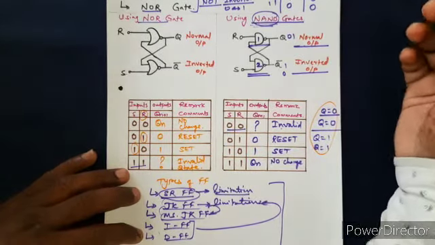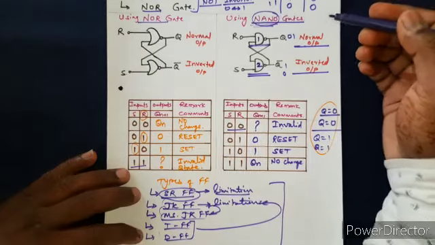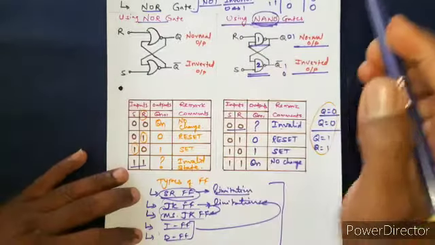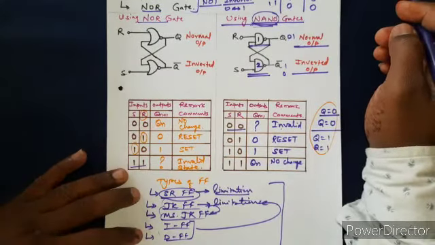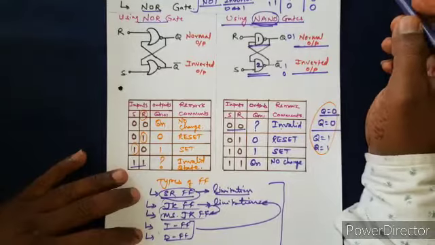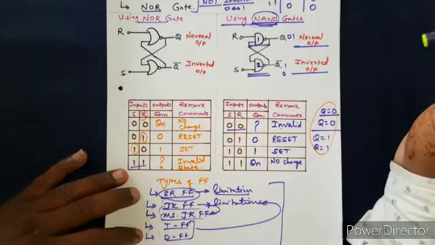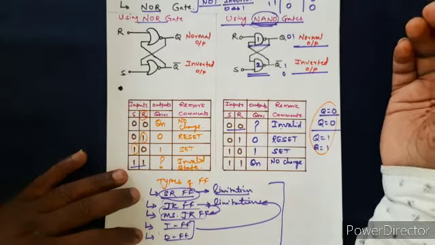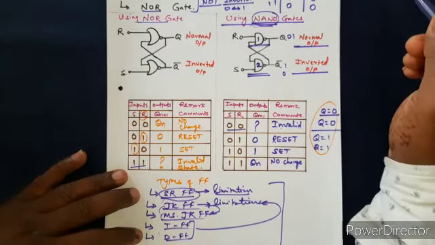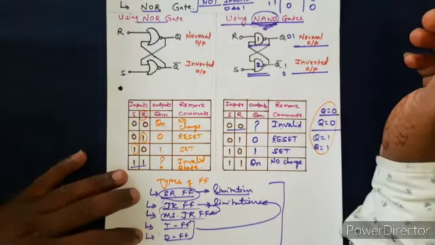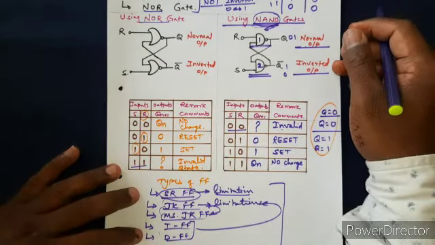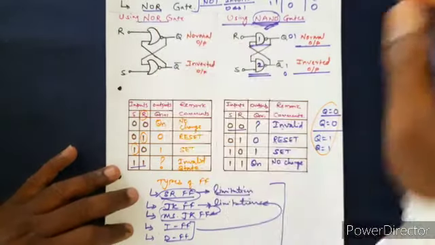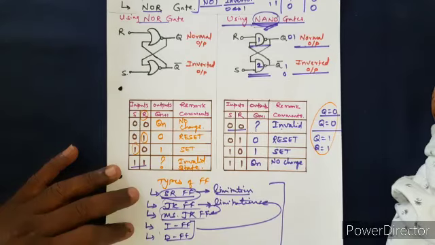In the upcoming concepts of other flip-flops, we will be going for the NAND gate flip-flops instead of the NOR gate flip-flop. You can go for any one, but just for understanding purpose and simplicity, you can go for the NAND gate. In the next lecture, we'll go for the extended version of this SR flip-flop, which is called the clocked SR flip-flop.